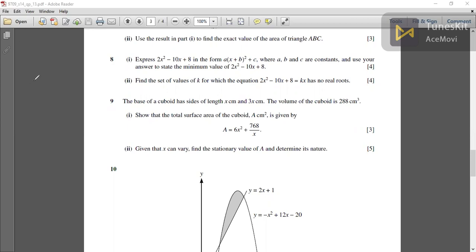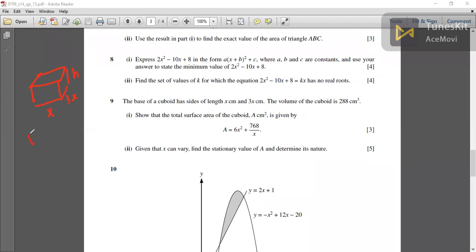So we have the cuboid. The base has length x centimeters and this is 3x, but here we do not know the height. It said the volume is 288.